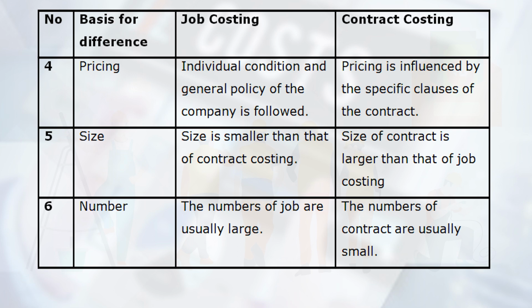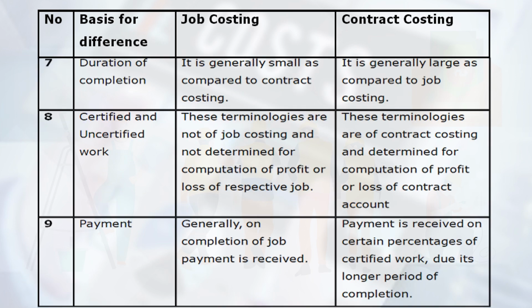Under job costing, numbers of job are usually large, whereas under contract costing, the numbers of contracts are usually small. Next point of difference is duration of completion. Under job costing, it is generally small as compared to contract costing, and under contract costing, it is generally large as compared to job costing.